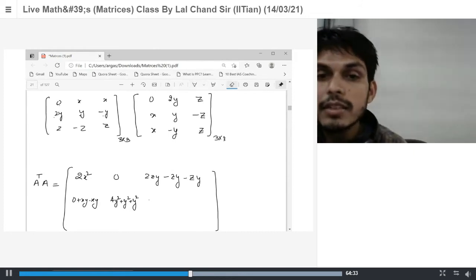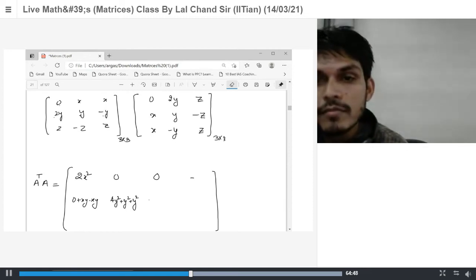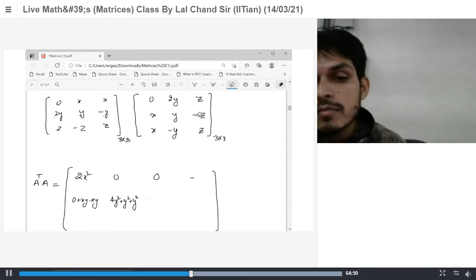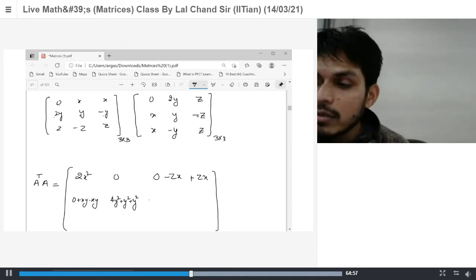Okay. Here I made a mistake. Basically this element is 0, and these two elements will be, because we are multiplying row into column 1, so this will be 0 minus zx plus zx. So what will be the value of this element? So this element will be 2yz minus yz, yz.